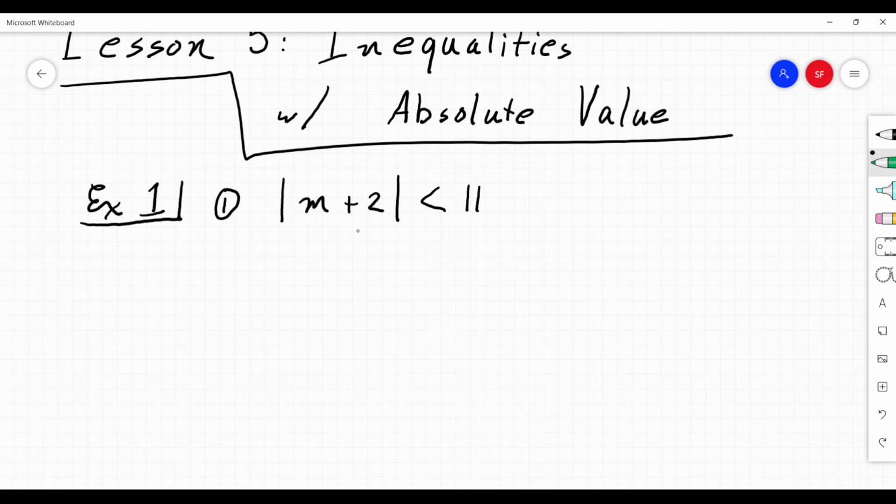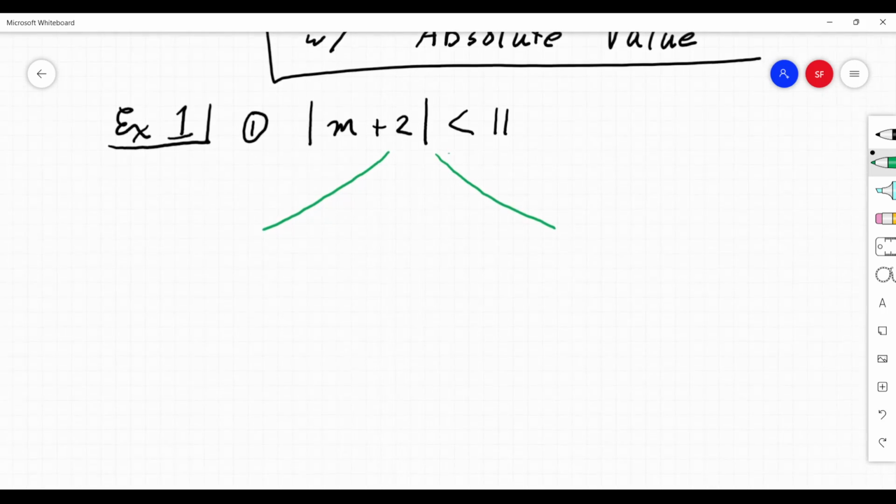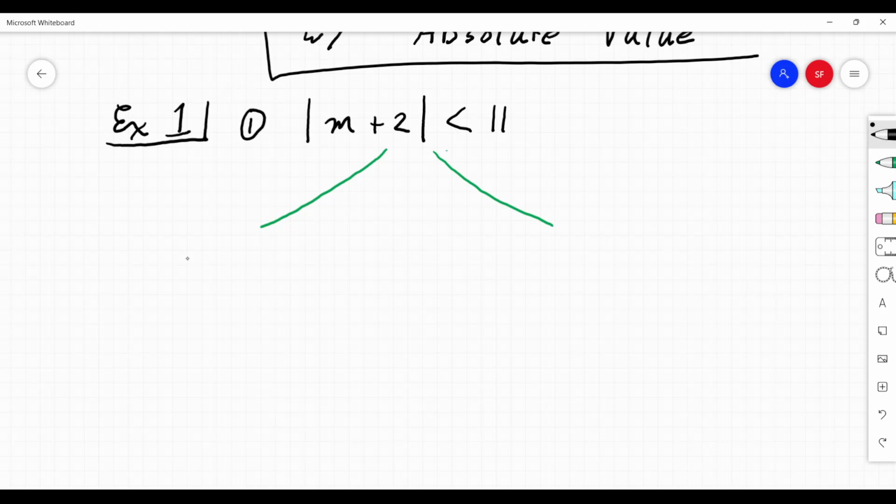We have to split it: m plus 2 is less than 11, and negative m plus 2 is less than 11.